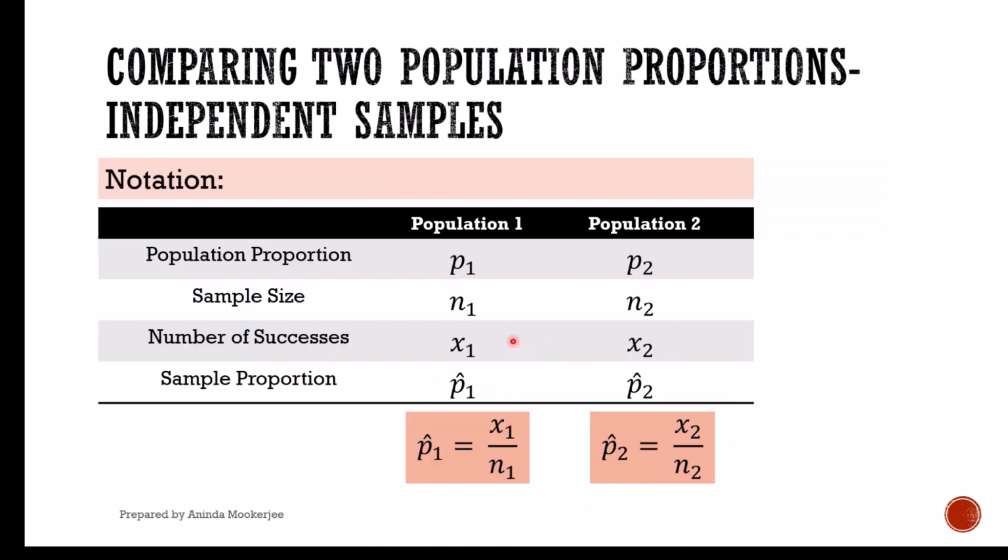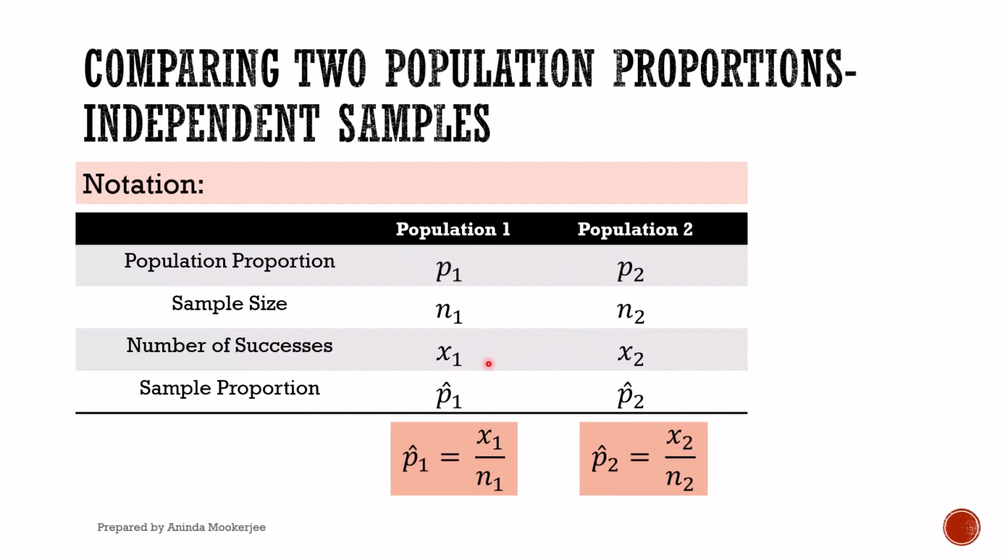All right. Now here we are going to quickly go over the notations that we are going to use in studies of two population proportions. Because we are dealing with two populations, it's important that the variables are aligned to the populations they belong to. So all we do is indicate with an index value of 1 if we are referring to population 1.